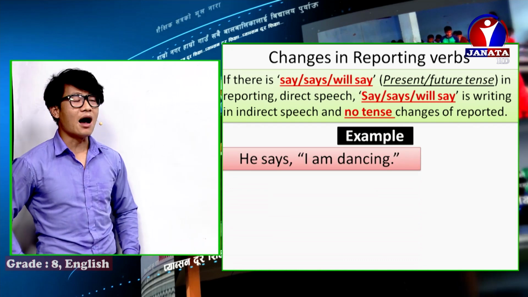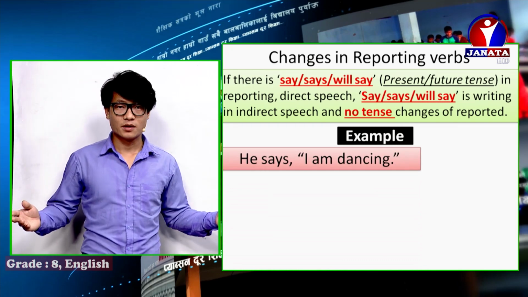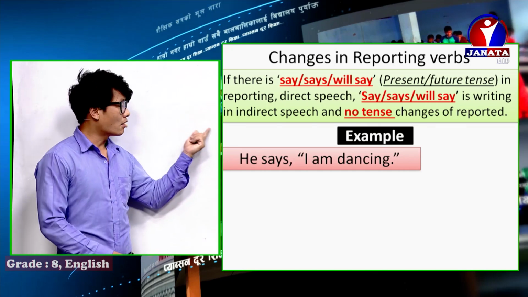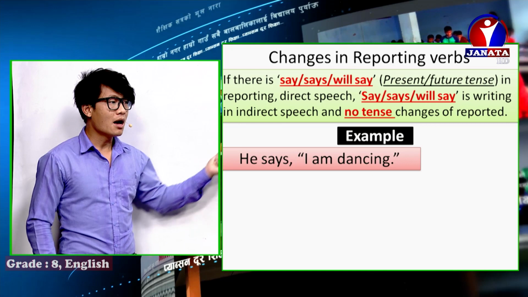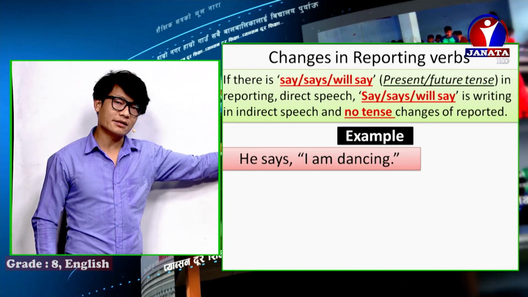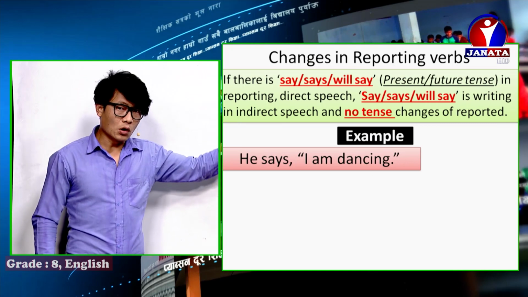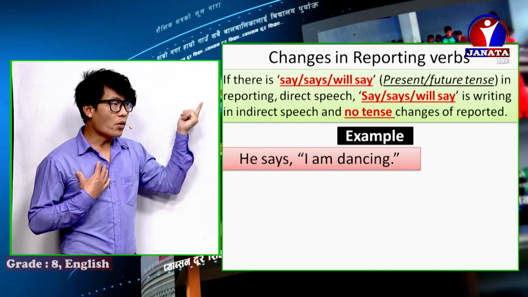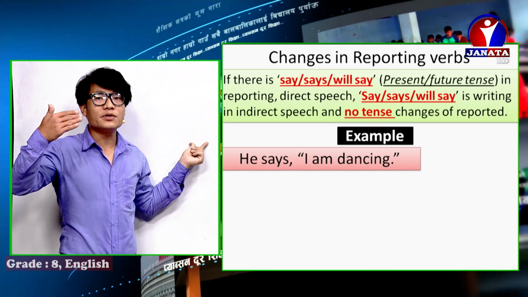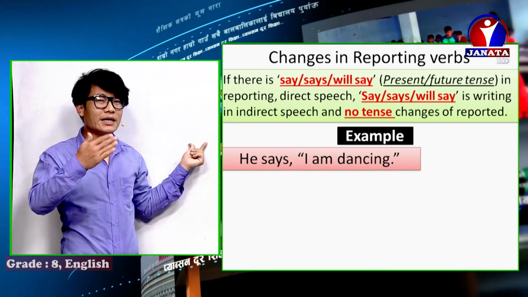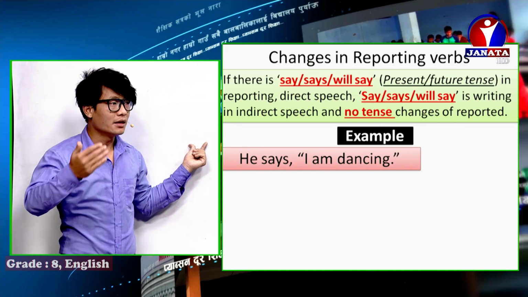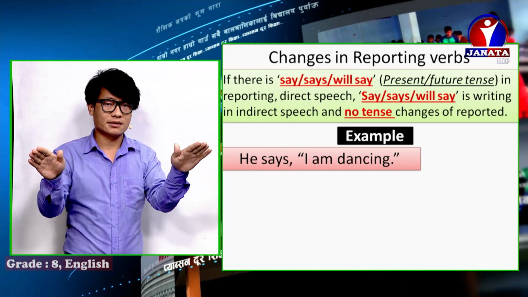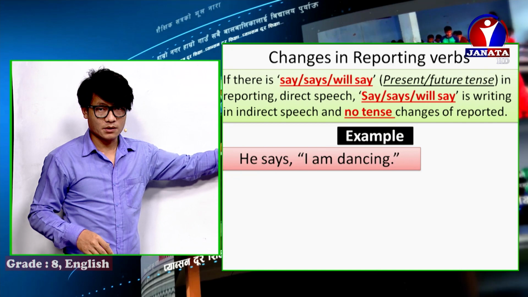Remember, let me show you an example. He says, I'm dancing. He says, comma, this is the reporting. I am dancing, this is the reported. Okay. So according to the rules, what we have learned is that when the reporting is in the present tense or future tense, then there is no change of tense in the reported.